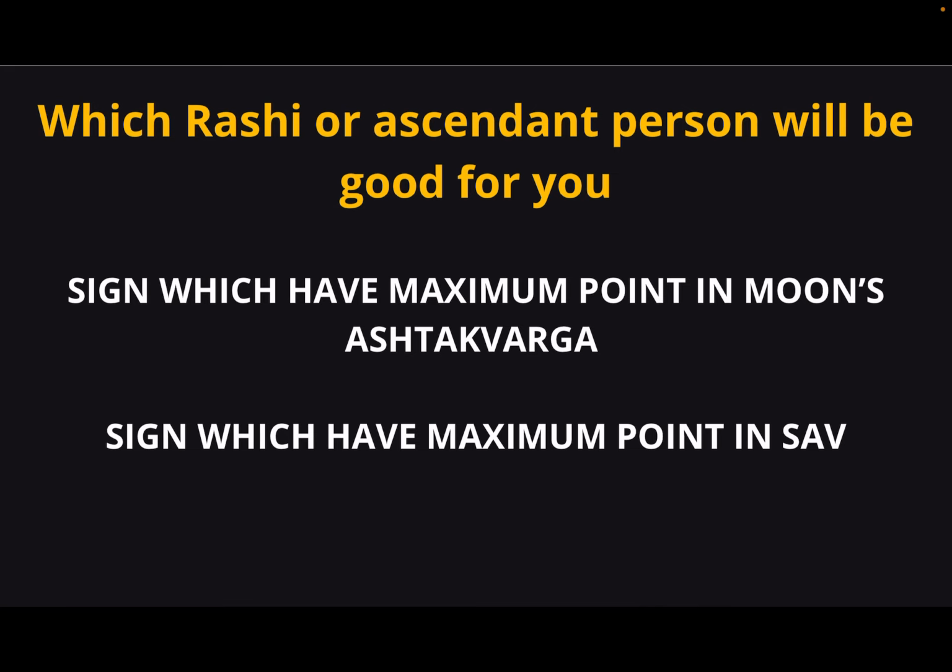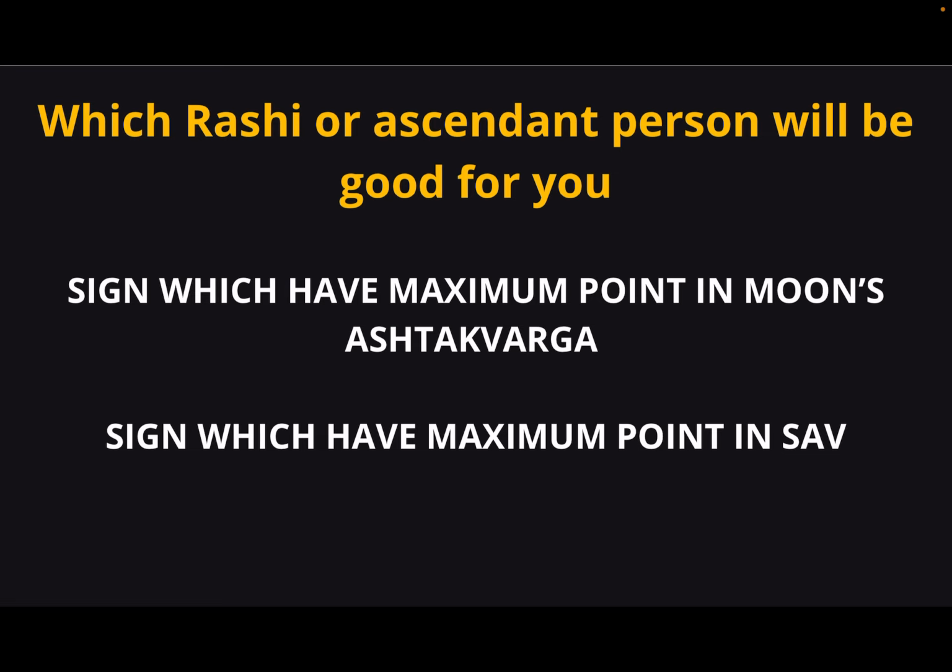Now there is a question: which Rashi spouse will we get? That can also be seen from this method which I'm going to tell. And beyond that, which ascendant person, which moon Rashi person will be good for us can also be decoded from this method. This can be used in partnerships as well, besides marriage alone.